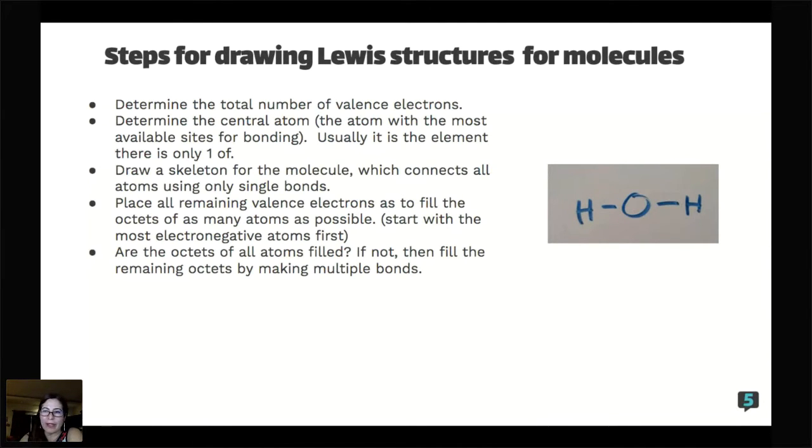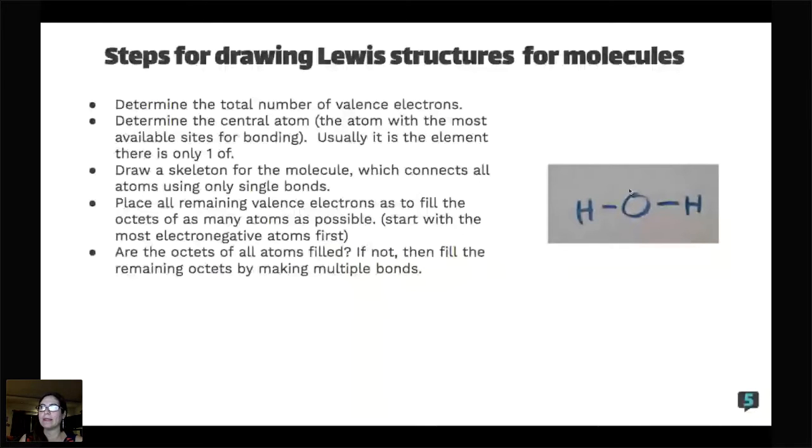So if you remember the periodic table, you should notice that oxygen, correct, Irene? Oxygen is closer to the trend where electronegativity increases. So yes, oxygen is the most electronegative.